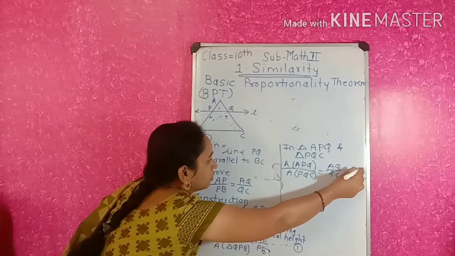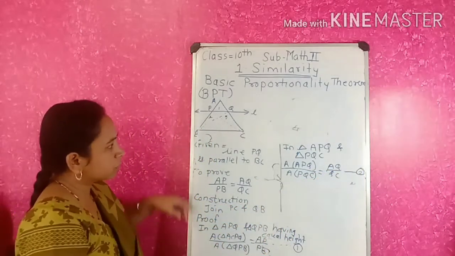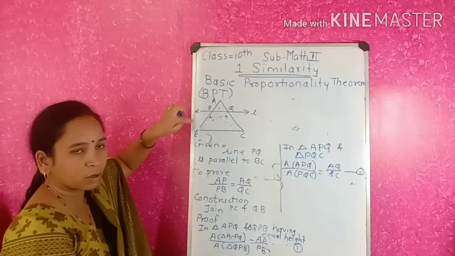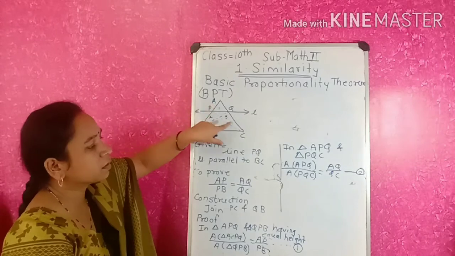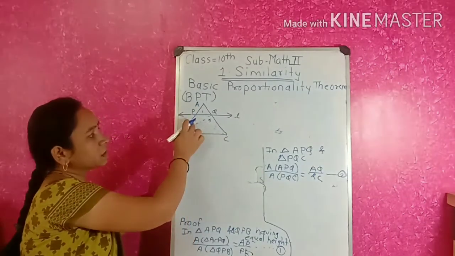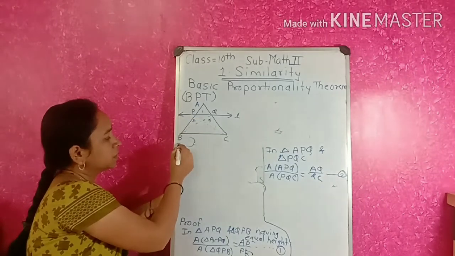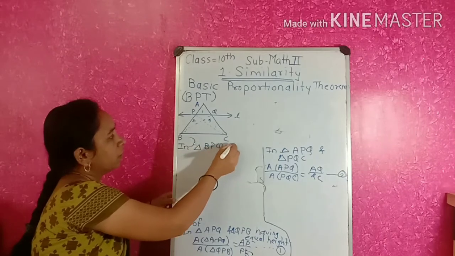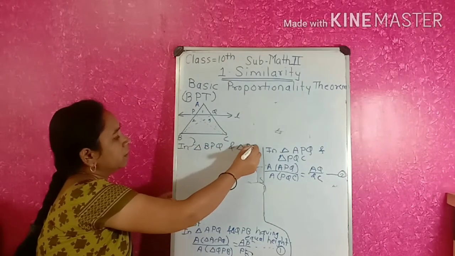Second statement. Students, observe, I have taken the first triangle and second triangle, then I got the first statement. Then first and third triangle, I got the second statement. After this, I'll consider the second and third triangle, that means triangle BPQ and triangle PQC.